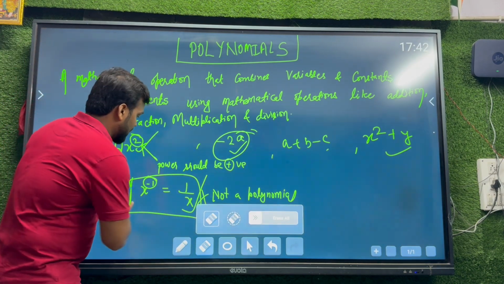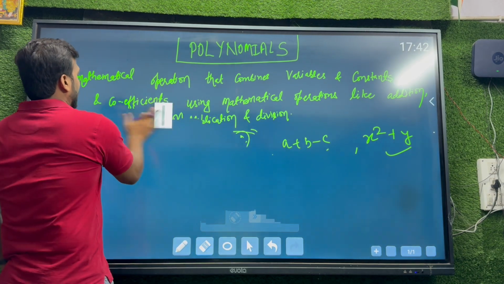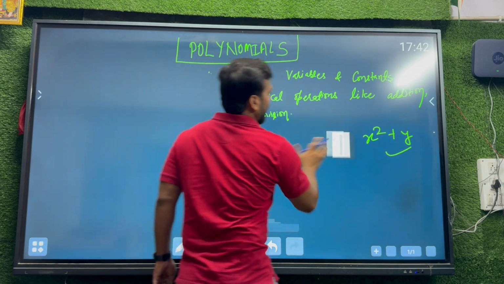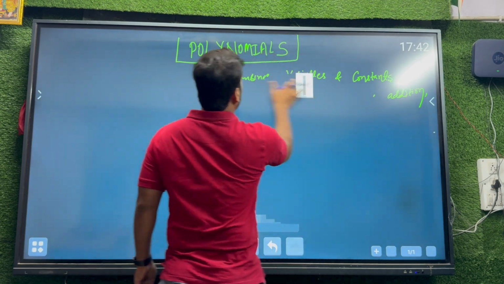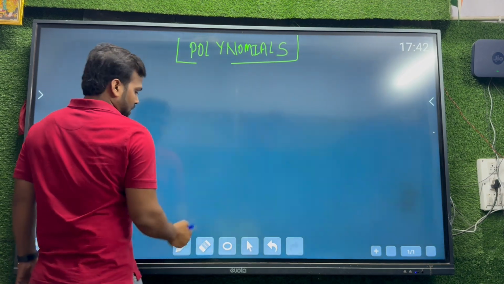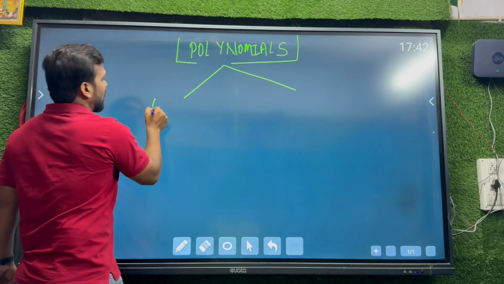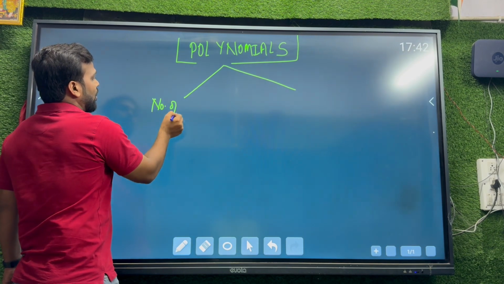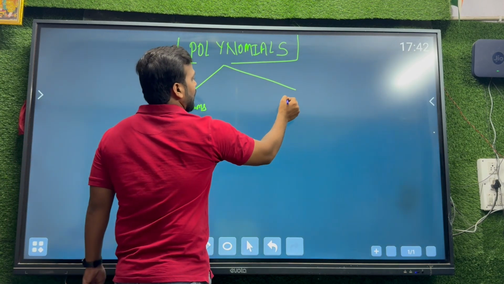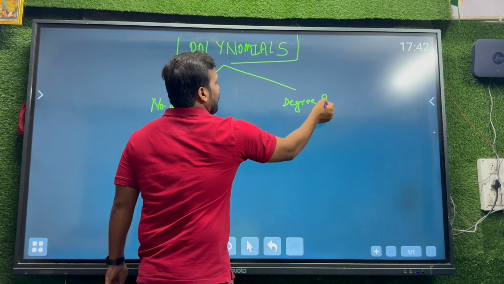Okay, guys, give me 1 minute, let me erase it. So we're going to define polynomials in two ways, based on number of terms and degree of polynomial.